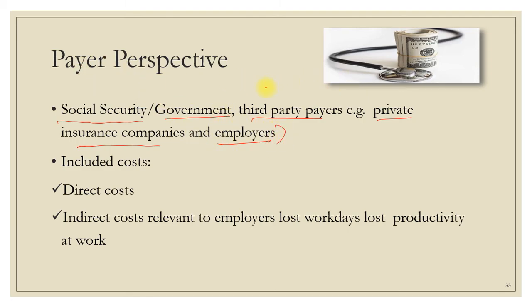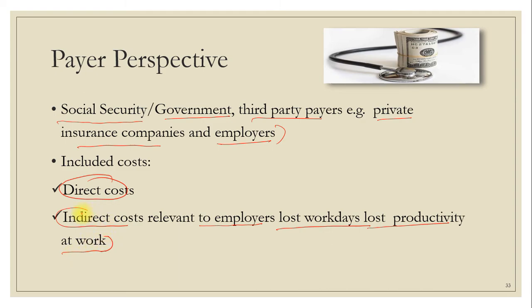The third party payers are the insurance companies. Whenever you take some kind of mediclaim and you get hospitalized in a certain hospital for a certain sickness, it is the third party payer who is concerned with such a hospitalization, as they have to pay for your hospitalization. It includes costs such as the direct cost and the indirect costs which are relevant to the employers: lost work days, then lost productivity at work.